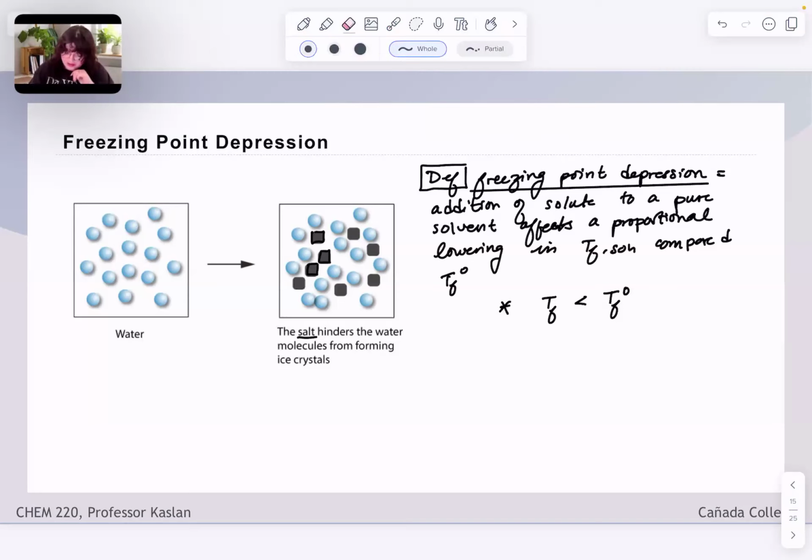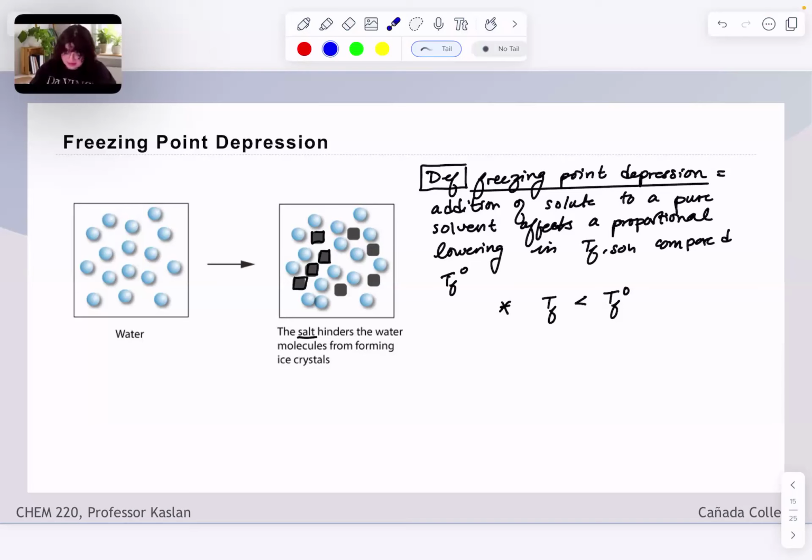So thinking about a solution, an impure substance, if we're looking at our water molecules here, in order for them to be able to find one another amidst this kind of crowd of salt solute particles, we have to get these water molecules to move even more slowly so that they can then encounter one another and have these solvent-solvent interactions overwhelm and allow those molecules to, again, kind of click into place into their solid form, or freeze.